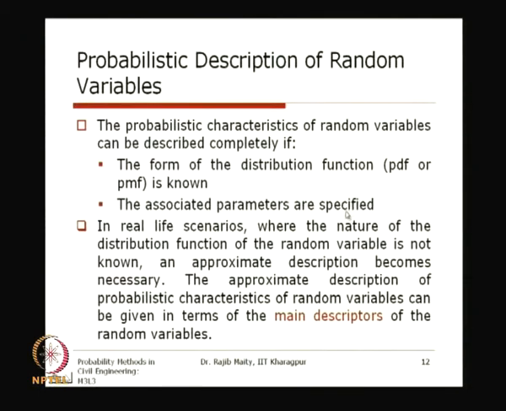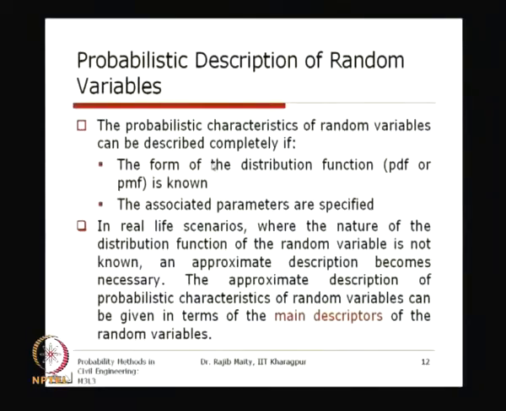For example, for the exponential distribution, lambda e power minus lambda x, lambda is the parameter. If we know the density function is exponential and we know the value of lambda, then the total description is given to us.